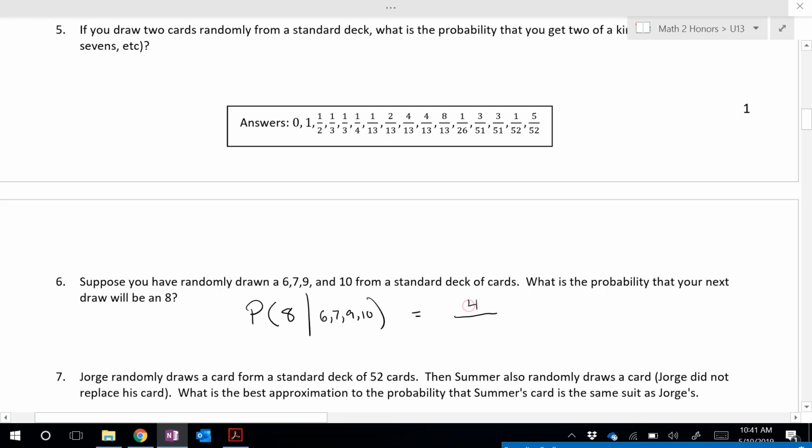There's still 4 8s out of 48 cards left, because I already picked up 4 cards. There were 52 cards and I picked up 4 cards, so there's only 48 cards left. And so that's going to be 1 out of 12. That making some sense?